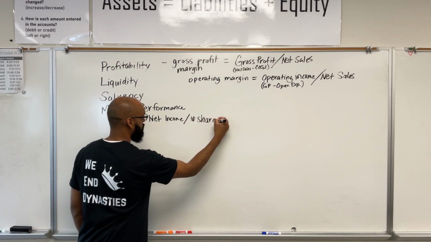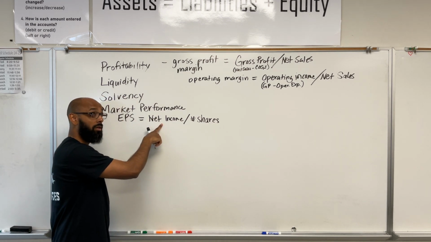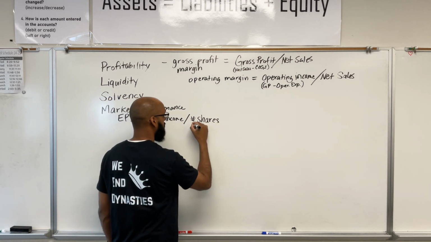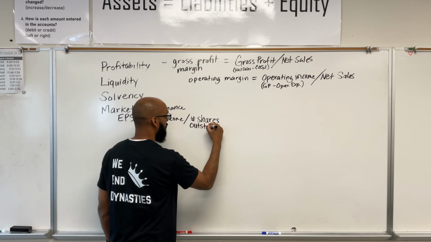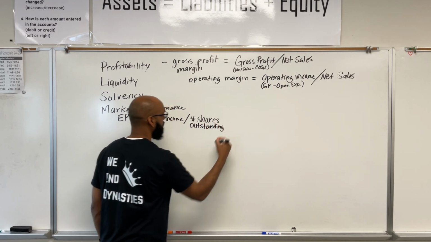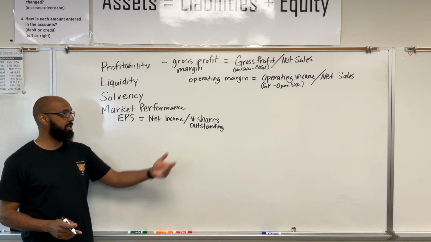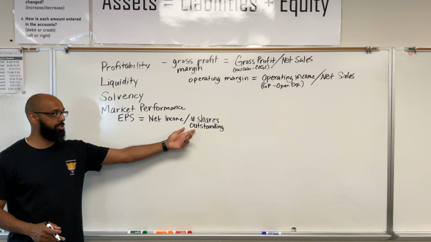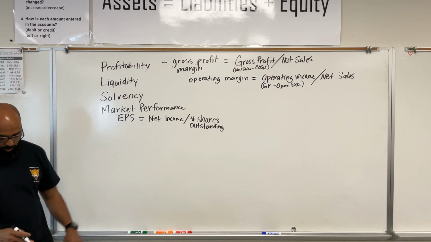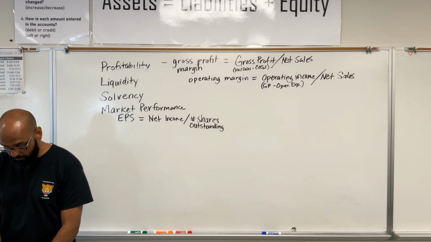And so you would get your net income from your income statement. You could get the number of shares outstanding from your statement of stockholders' equity. Or that detail might be on your balance sheet, but more than likely that detailed information that you need for number of shares outstanding, you'll be able to find on your statement of stockholders' equity.